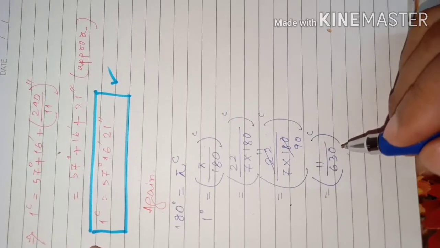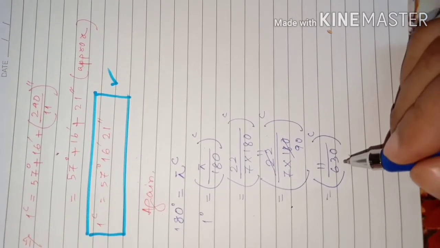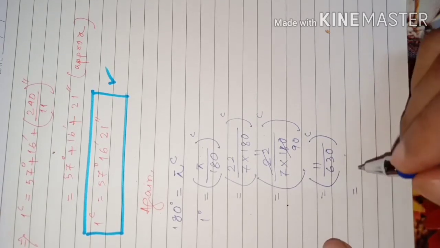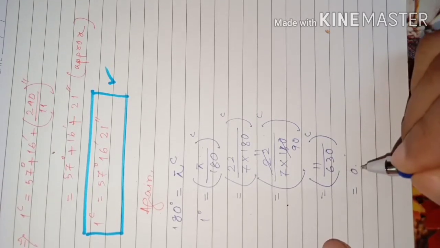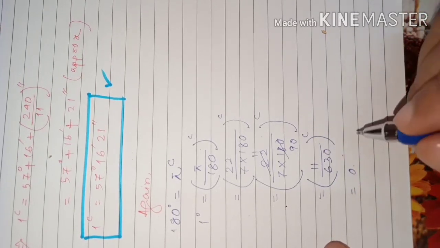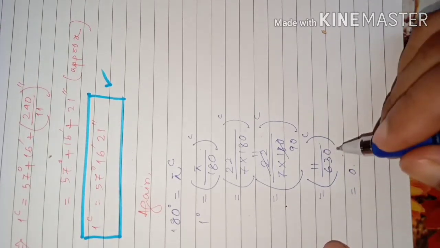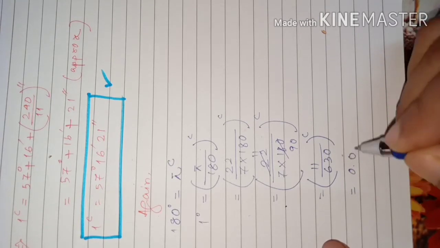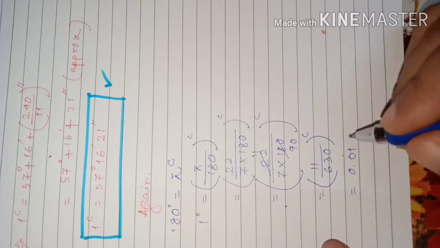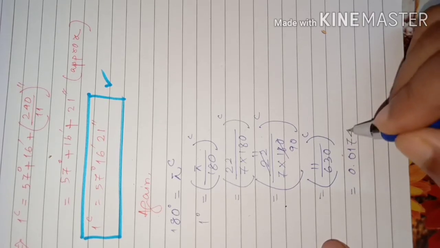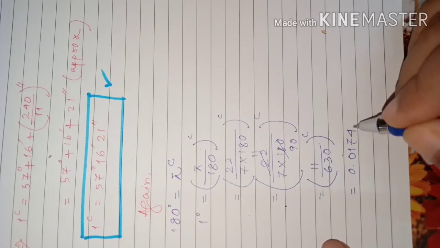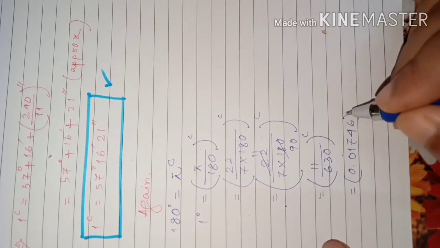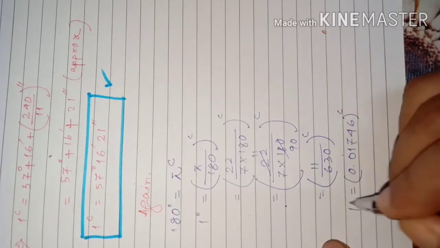And if you divide this 11 by 630, you can use a calculator also. You just take your calculator and divide 11 by 630, that is 0.01746 radian. This much radian it will be. 1 degree is equal to this.